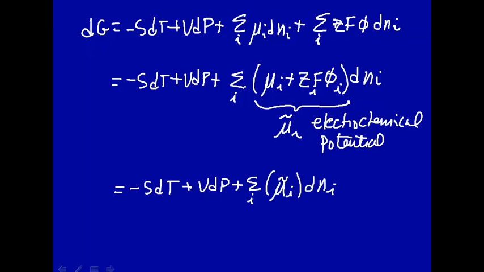So it wasn't so bad to include electrical work. All we did was include the electric potential and the electrical work with the chemical work and give it a new symbol, mu tilde i. So there's the master equation for chemical thermodynamics, in which we included electrical work, which we have to do if our system contains ions.